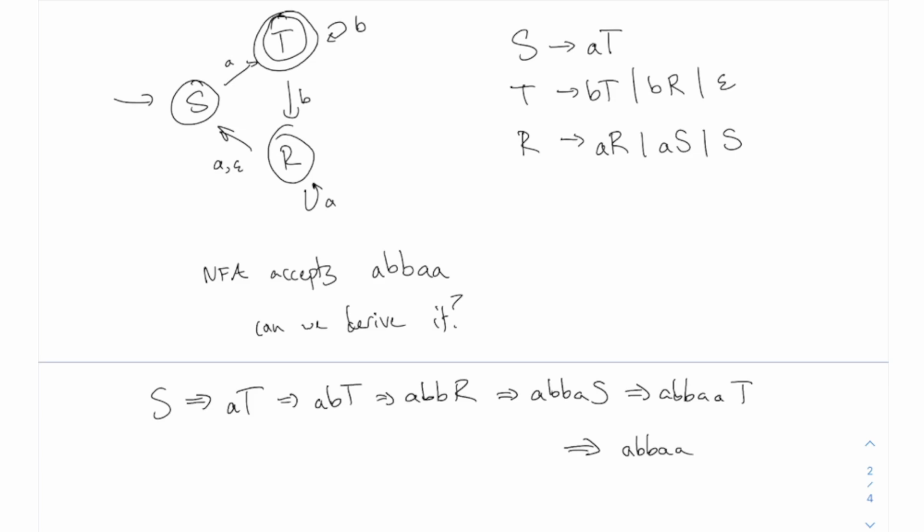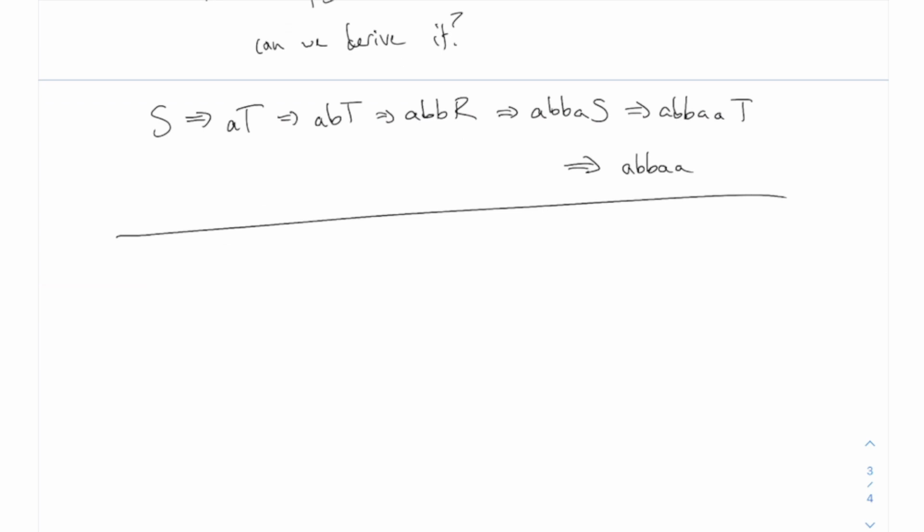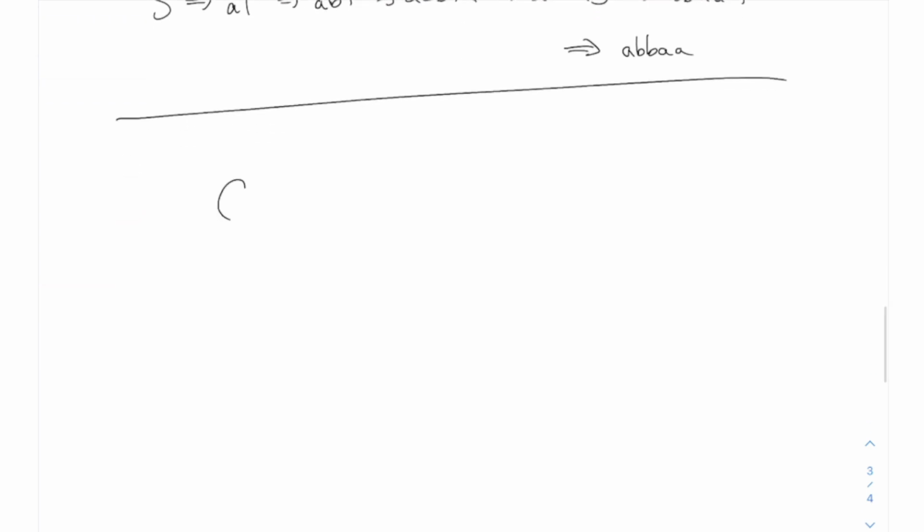How about another one to try. This is an interesting example. This is one of my favorite DFAs. This is the DFA that we talked about maybe in the first week of class. This is a DFA which takes a binary string and tells you if it's divisible by 3 or not.